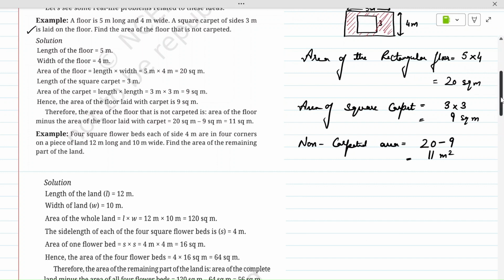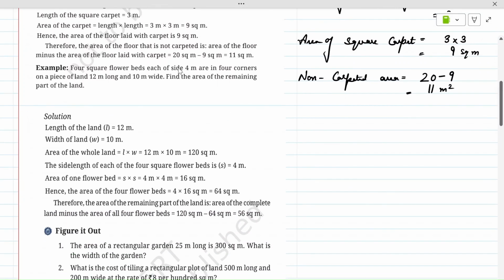Next we have 4 square flower beds, each of side 4 meters, in 4 corners of a piece of land 12 meters long and 10 meters wide. So what it is saying here is that we have a piece of land 12 meters long and 10 meters wide, and on the 4 corners of this we have a square flower bed each.